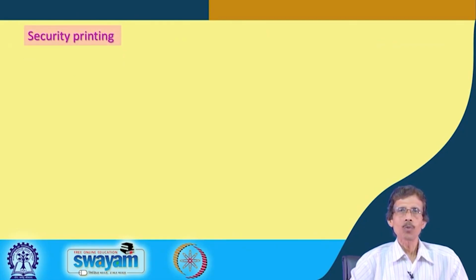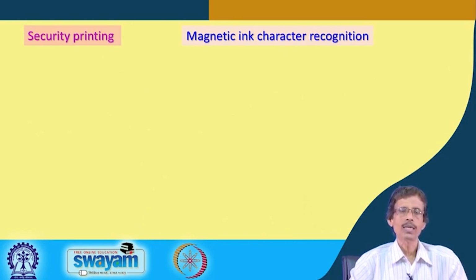Then one most important thing that we can do with this magnetic pigment is for security purposes, the security printing process, which we all know as MICR, a term we use day to day. The magnetic ink character recognition process can be used with that magnetic ink.